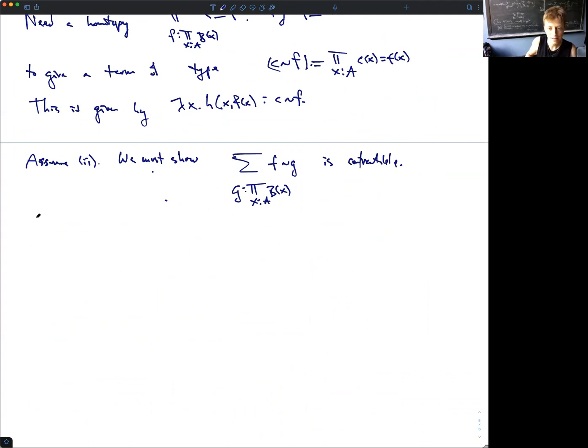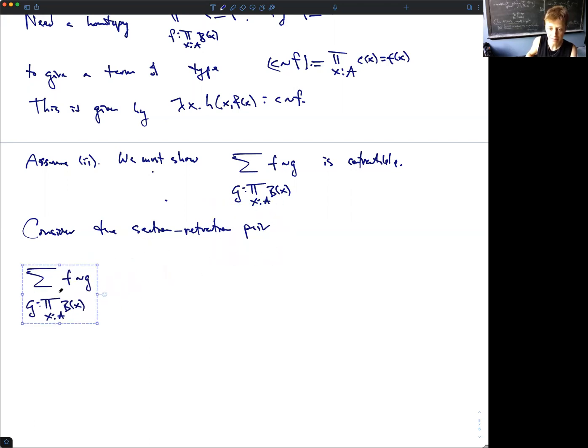I'm getting a little bit ahead of myself, but I'm going to call this a section retraction pair. So I'm going to define maps relating this sigma type.